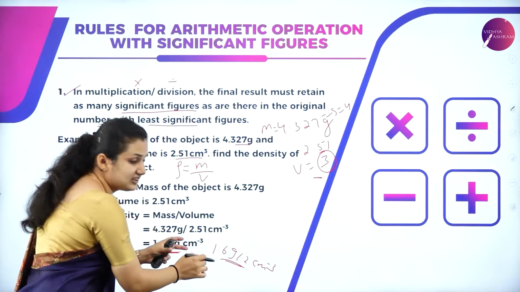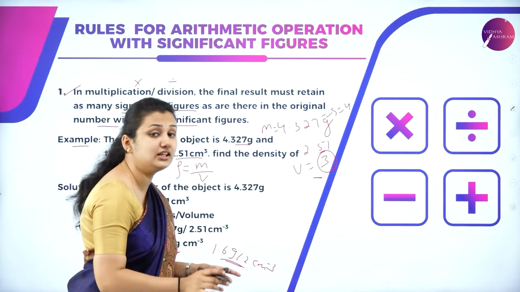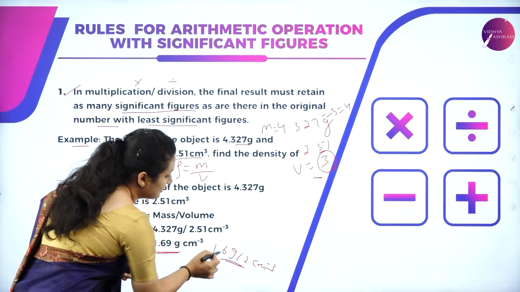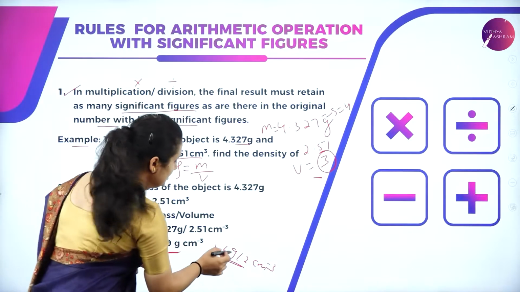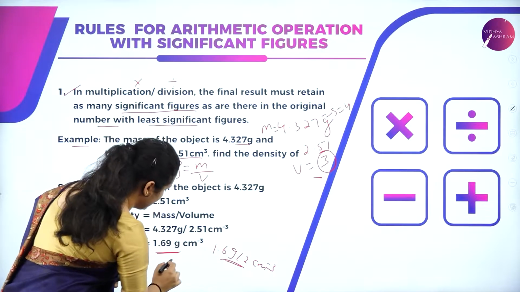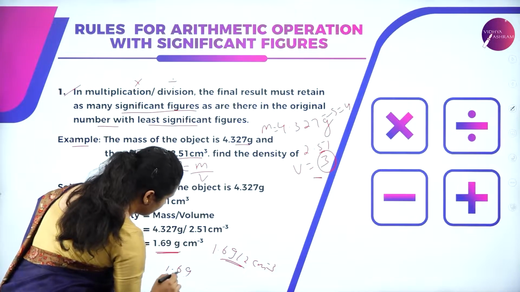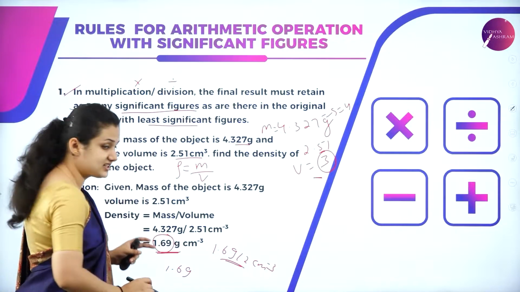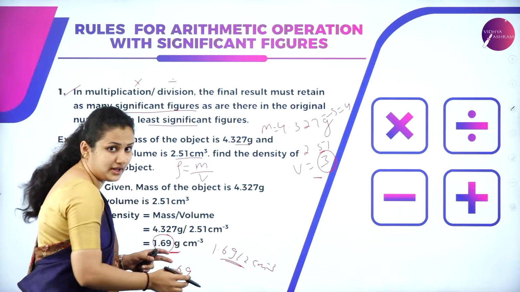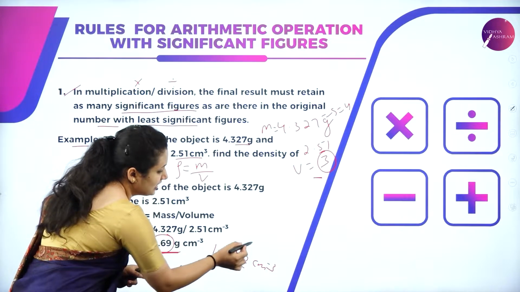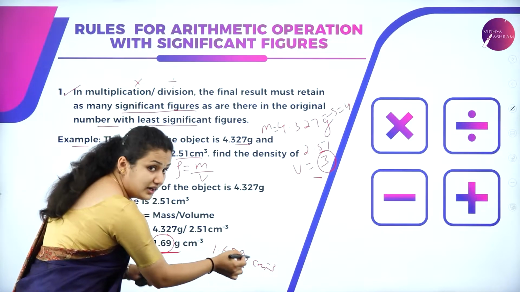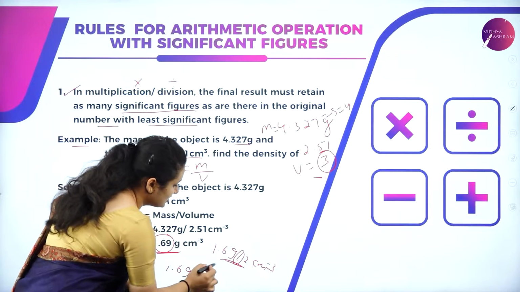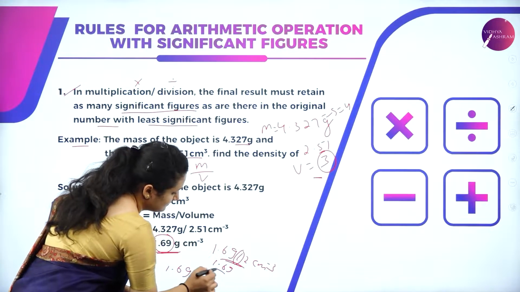So, your result at the end, that is the density, should also have 3 significant figures. It should be rounded off to 3. So, I will write 1.69. Why it is 1.69 is because you learn this in rounding off. When this digit is 1, it is less than 5, so we will drop this digit and write 1.69.